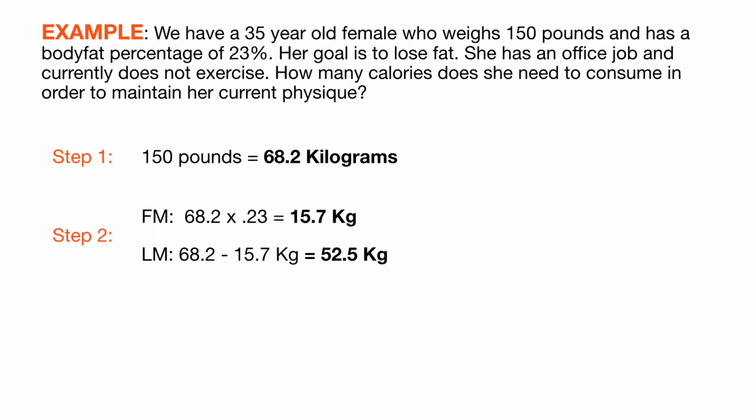So we're going to take 23% of that 68.2, and that's going to give us our fat mass, which equals 15.7 kilograms. Now, to make it simple, we're going to take that 15.7 kilograms of fat mass and subtract it from the total weight, which was 68.2. That's going to give us our LM, our lean mass, which is 52.5 kilograms.